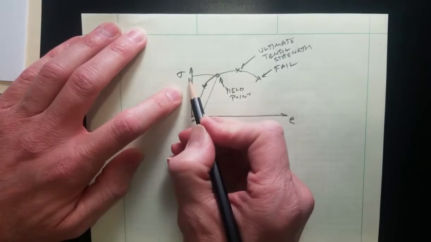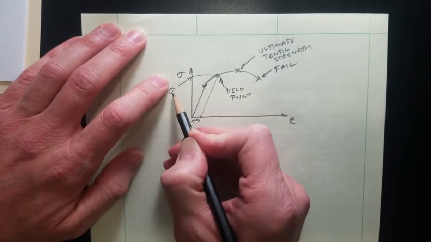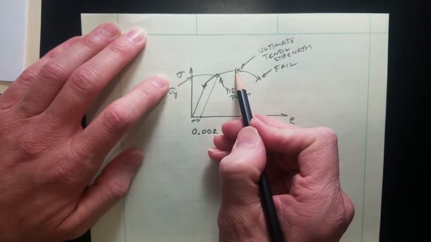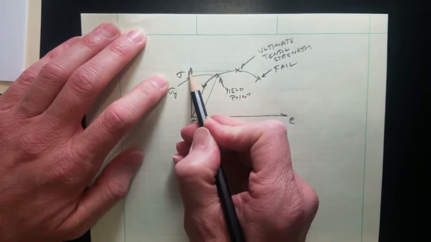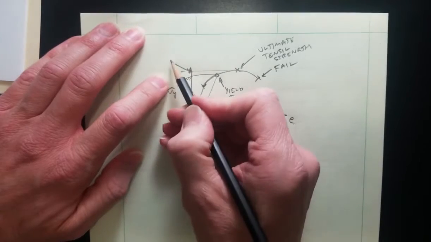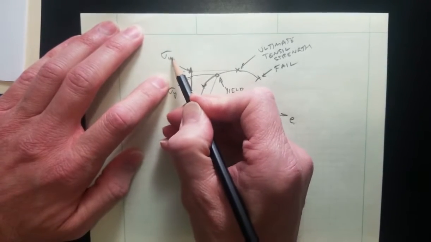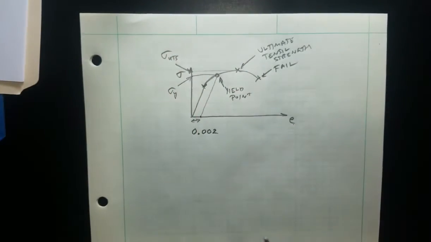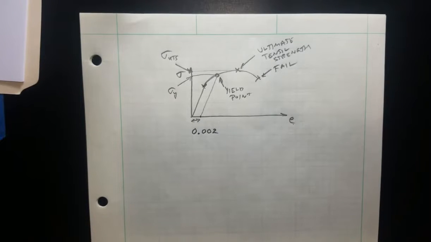And we characterize that as the sigma y. Our ultimate tensile strength, we also characterize as sigma UTS, or sigma TS if you don't like the word ultimate.